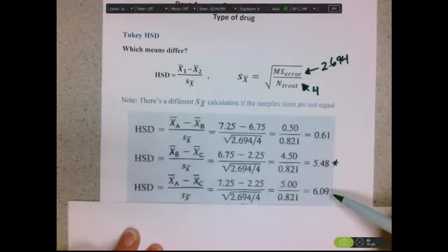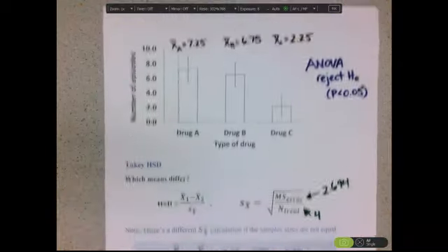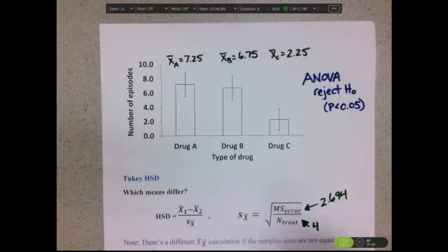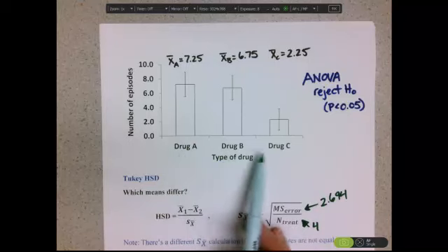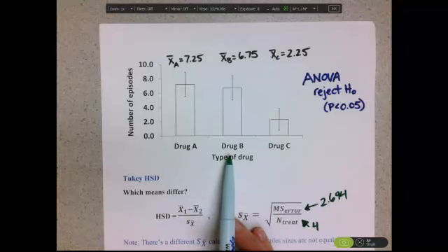When we compare A and C, it is also statistically significant. So A is different from C, B is different from C, but A and B are not different from one another. Our conclusions from our Tukey's test say that A is different from C, that B is different from C, but that A and B are not significantly different from one another.